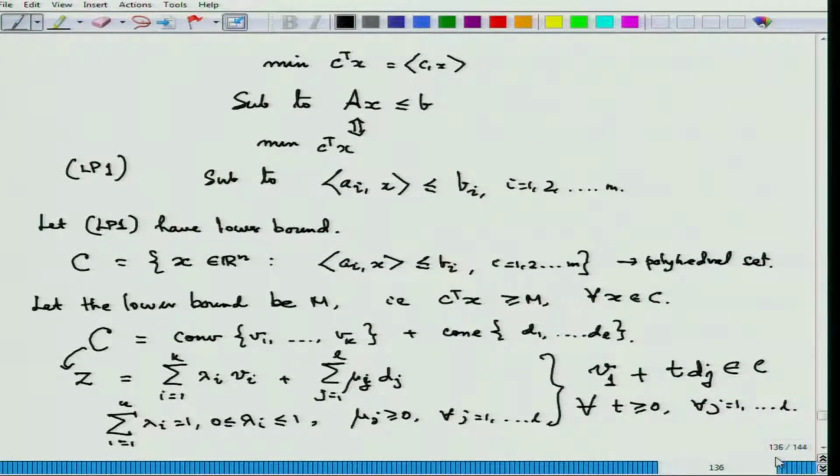Now, I have any x here belonging to this set which I have written, and any element in this particular set C is represented like this.